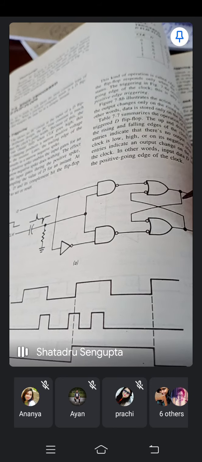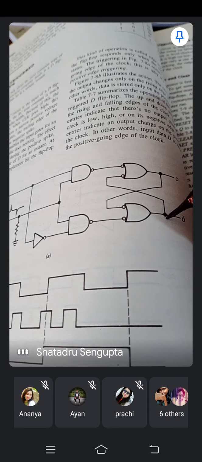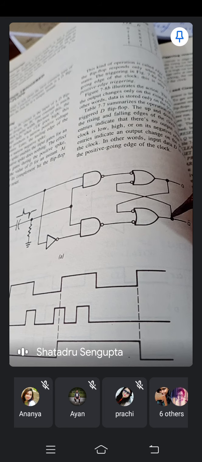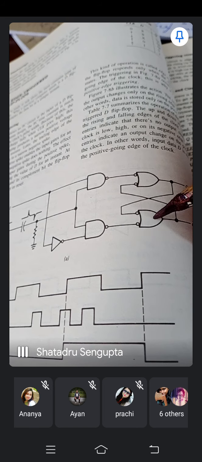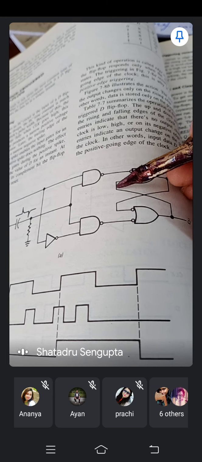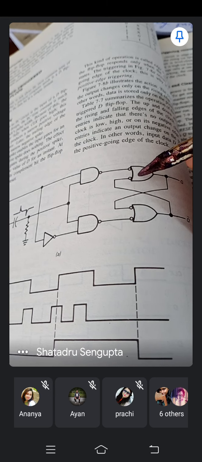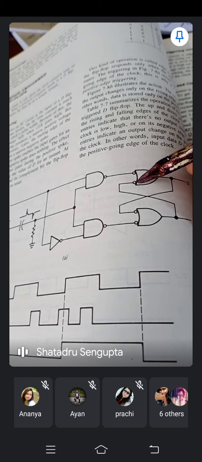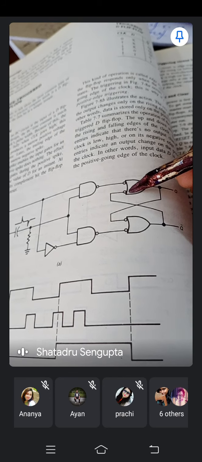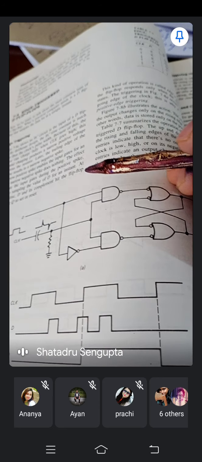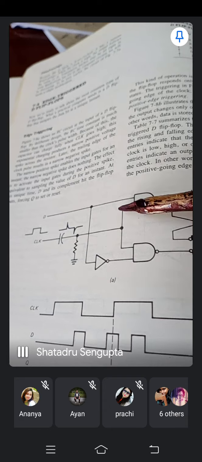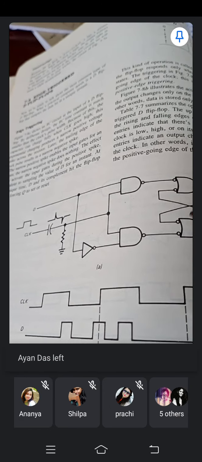All two input gates. The output of the first one is coming into the input of the second one, and the output of the second output gate is fed into the input of the first output gate. So as an effect, as you can imagine, whatever is D, a 0 or a 1, this will be kept intact.